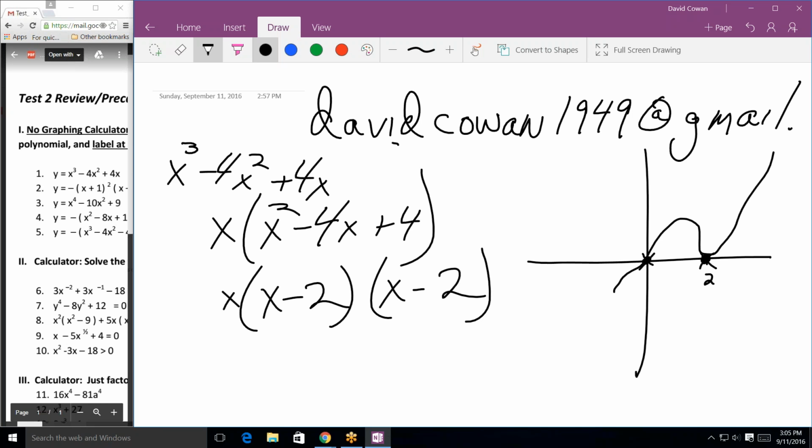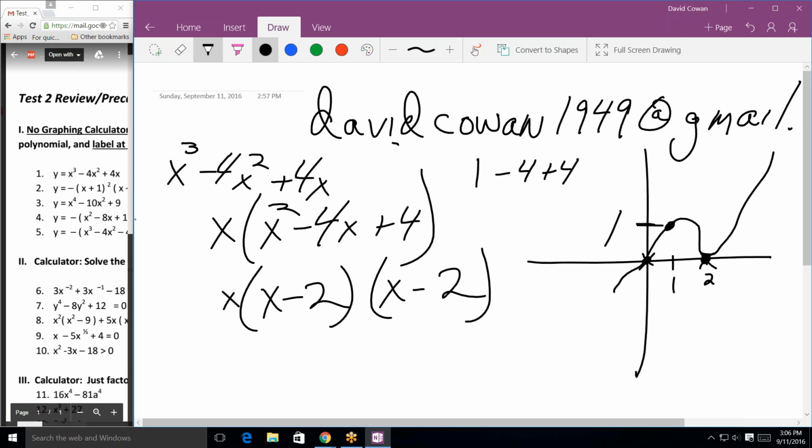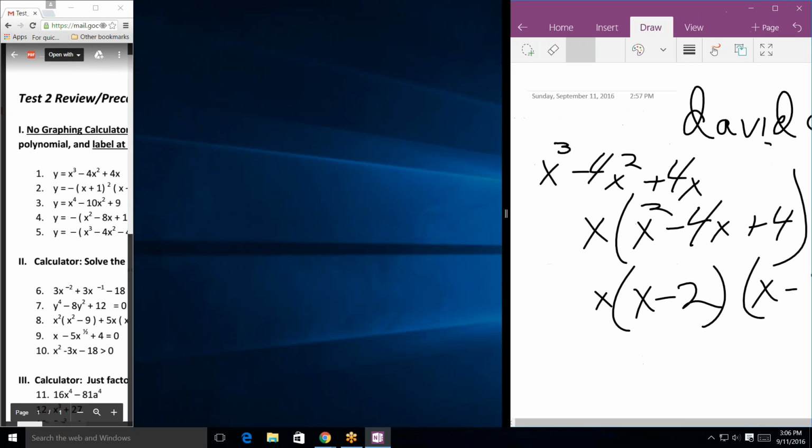Well, there's only two x-intercepts. So would you just split the difference and plug in 1? That's probably the easiest one. So what is that point right there? It should be 1 minus 4 plus 4. So it should just be 1. Correct.